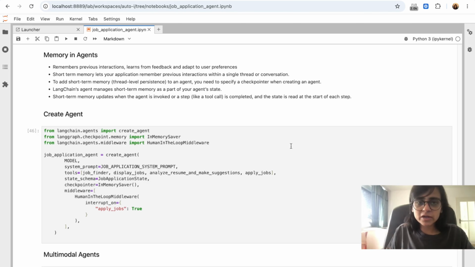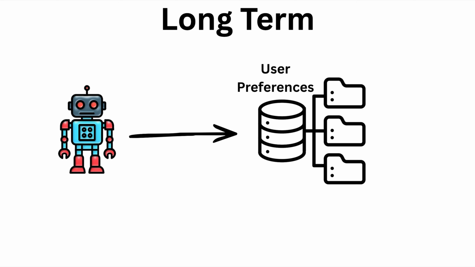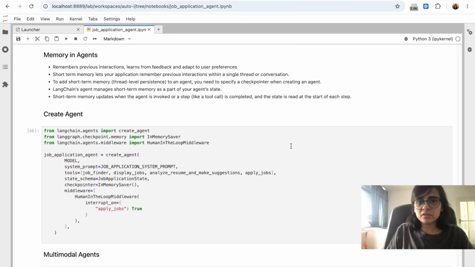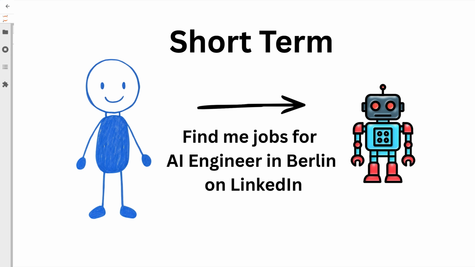So for example, if you consider the job application agent itself, and if you have long term memory, then it will store somewhere in its databases that this user has a preference for AI engineer in Berlin, and it will give you suggestions based on that even if you don't provide it in the prompt. So that is long term memory, whereas in short term memory you will have to provide all these things, because it won't be able to remember anything apart from the conversation that is happening right now.